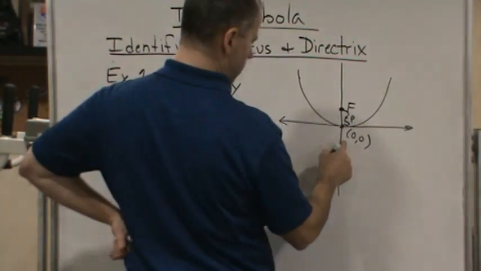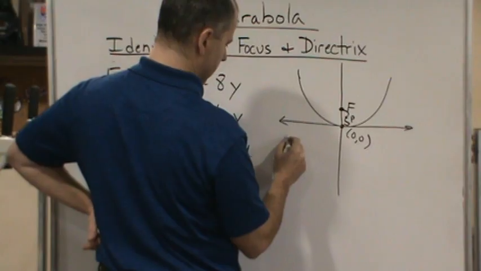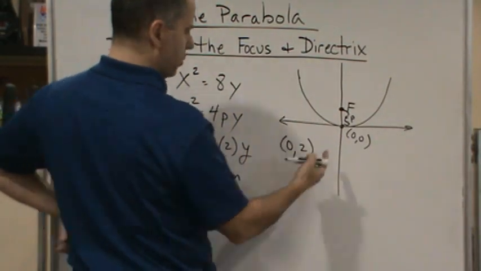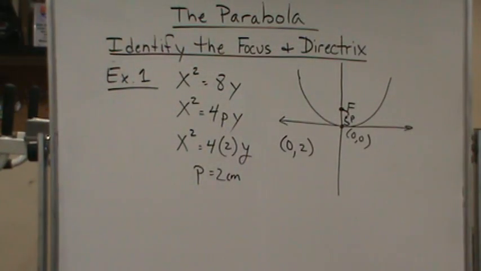If this is the origin, that means the light bulb should be at what? (0, 2), or located 2 centimeters above the vertex, which is going to be located at the focus. Now, incidentally, since p is positive, we know the parabola opens upward.